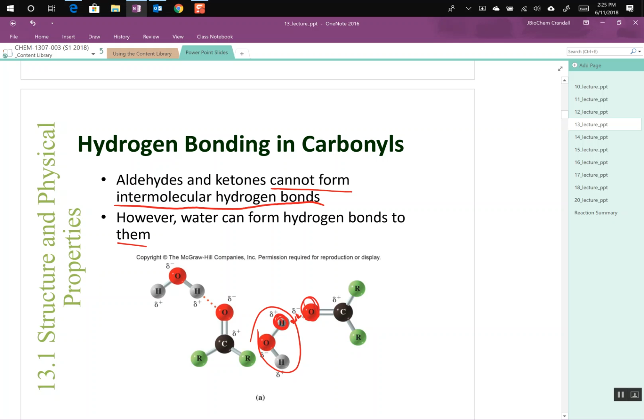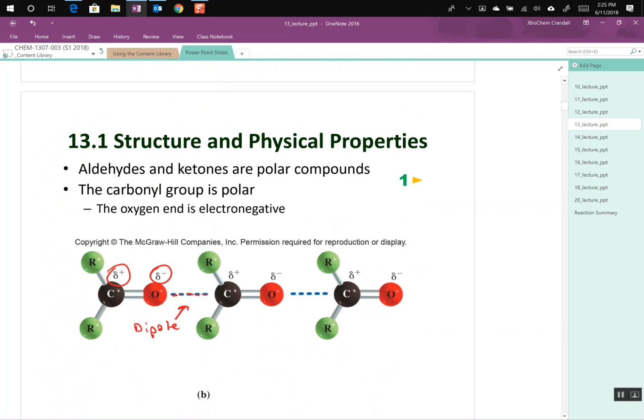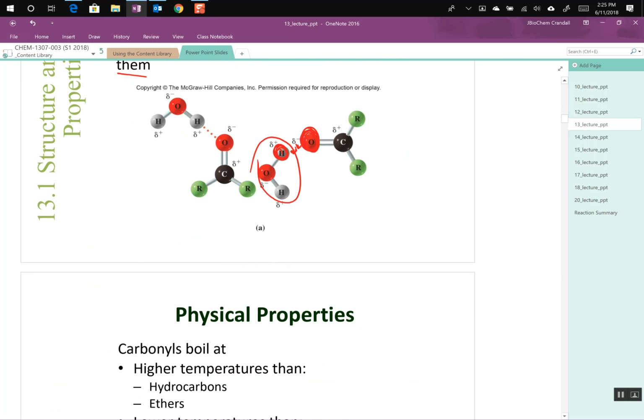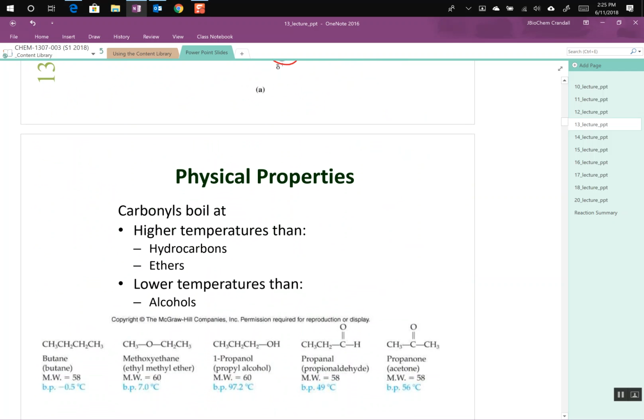So that oxygen of the carbonyl group could hydrogen bond to a water, which does hydrogen bond, but to themselves, they don't hydrogen bond. There's no hydrogen bonding there. Okay? Even though over here on these R groups you have carbons bonded to hydrogens, there won't be hydrogen bonding occurring there. Okay? It needs to be directly on the oxygen.